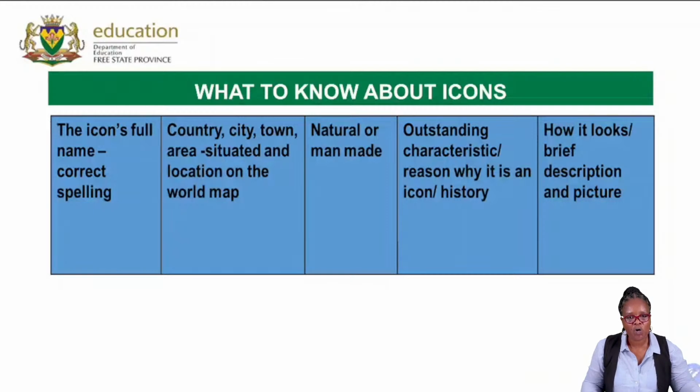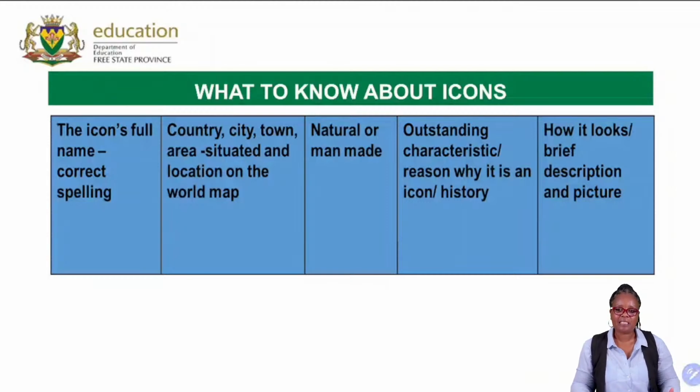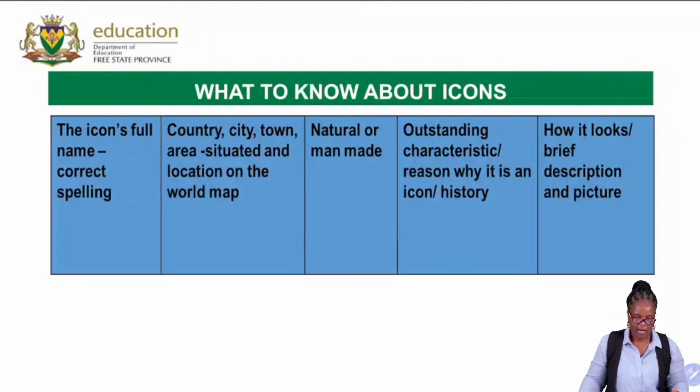You need to go through the scenario. Have your different pens and highlighters, and highlight the important characteristics that you see there. From the scenarios, you will be expected to answer questions about that specific icon. In some question papers, you have seen that beside the scenarios, you will get a case study, and you still have to answer from there.